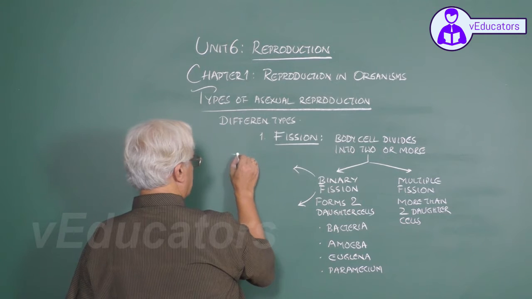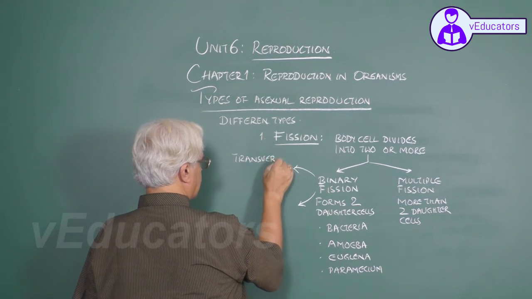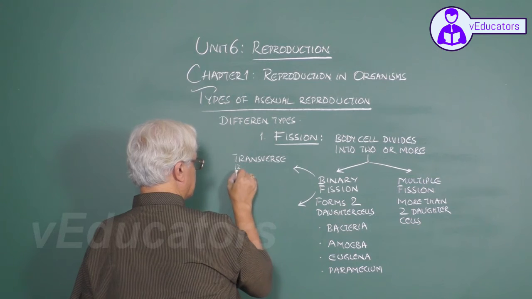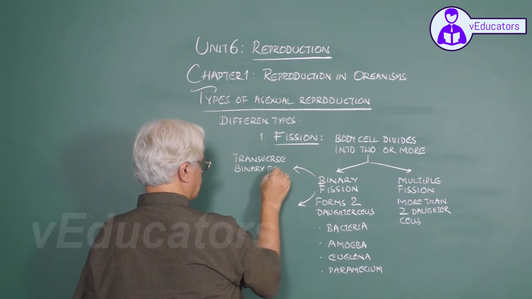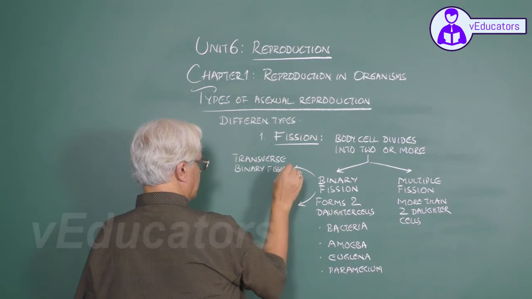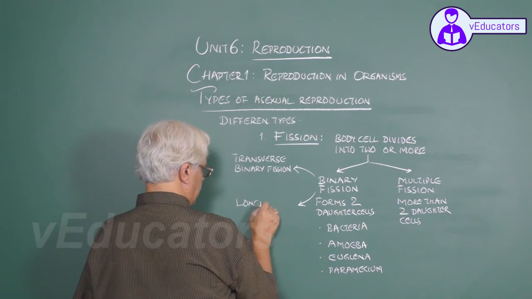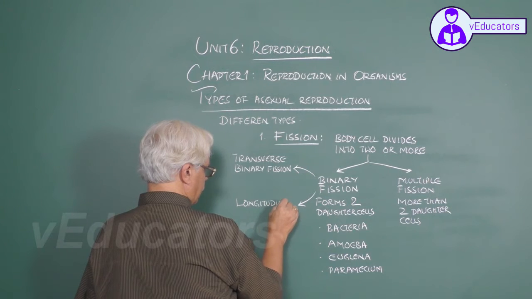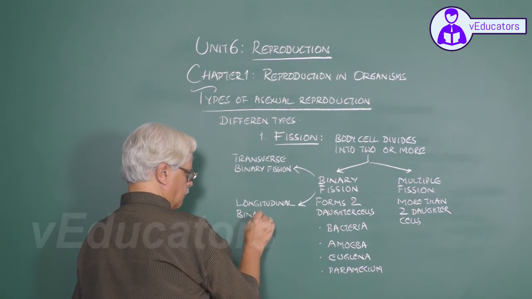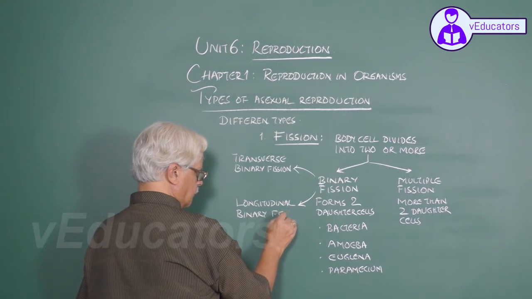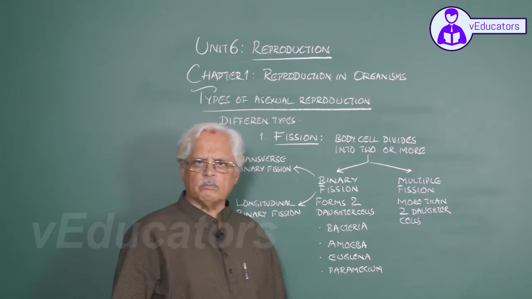So we have transverse binary fission and longitudinal binary fission.